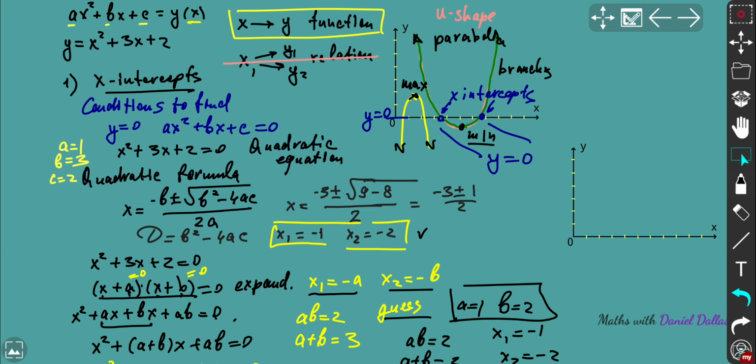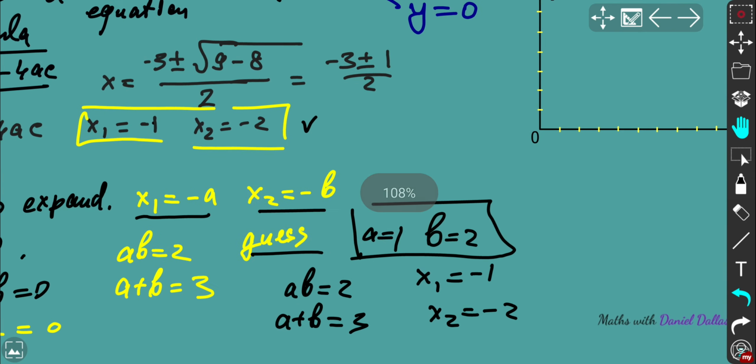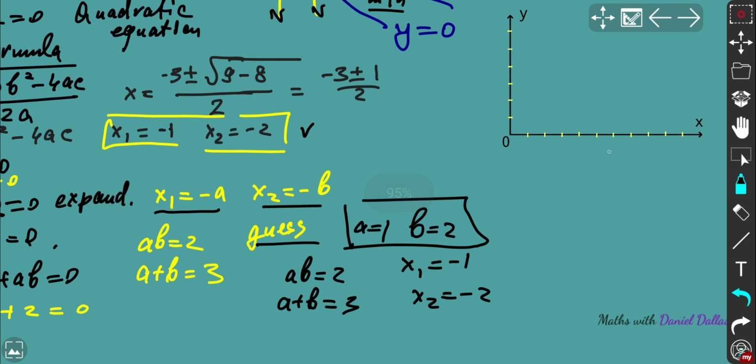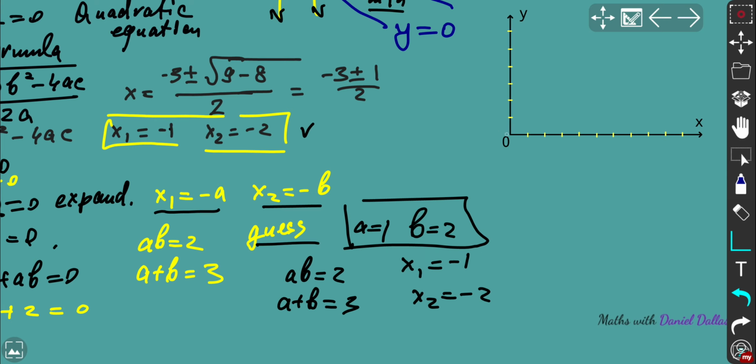Using the x-intercept, we fixed those 2 points, and that's how we know where the parabola crosses the x-axis. We've got both -1 and -2, so we need to add a little bit extra. I just add the rest part here, because we have them both negative.